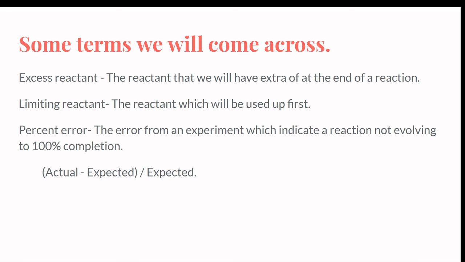If you end up making your 4 portions and then you drop one and then the dog eats it, that means you're going to have an error in your measurement of about 25% because you lost about a quarter of your product. So I just want you to be aware of those terms right there.